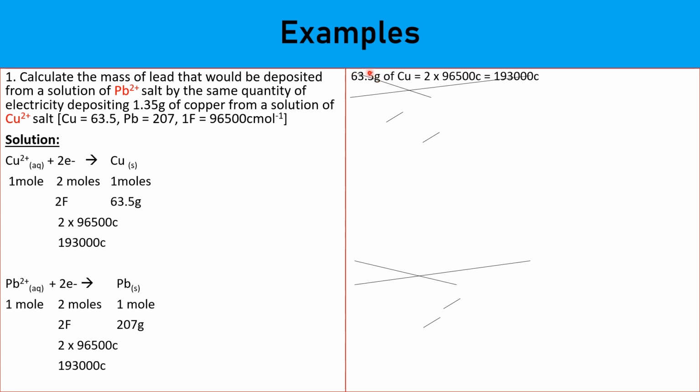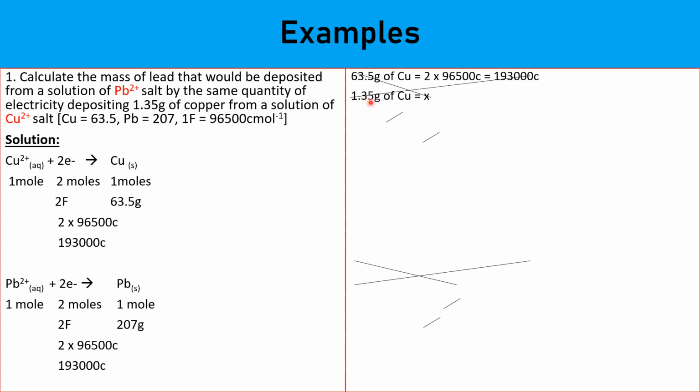So if the new mass of copper in the question is given to be 1.35, what quantity of electricity will produce that? That is what we are looking for. By the time the mass of copper is reduced to 1.35, what quantity of electricity will produce it? And that is what we are looking for.